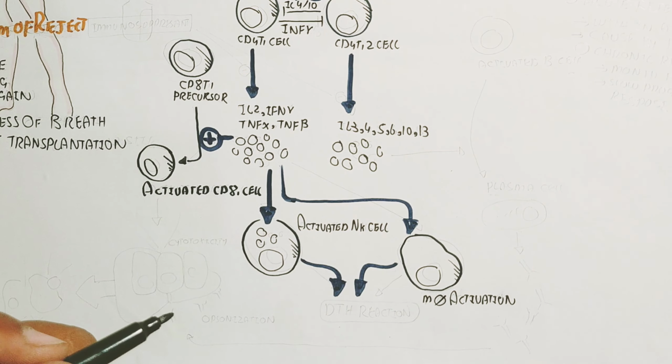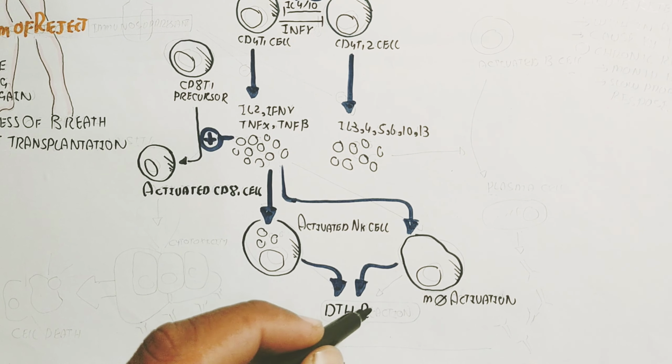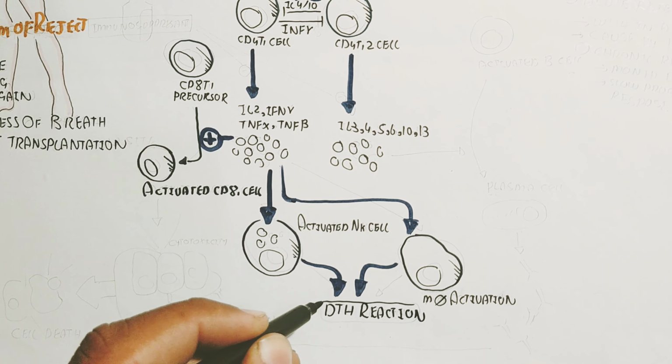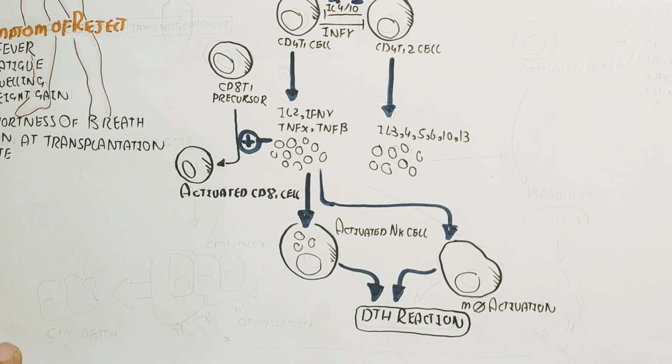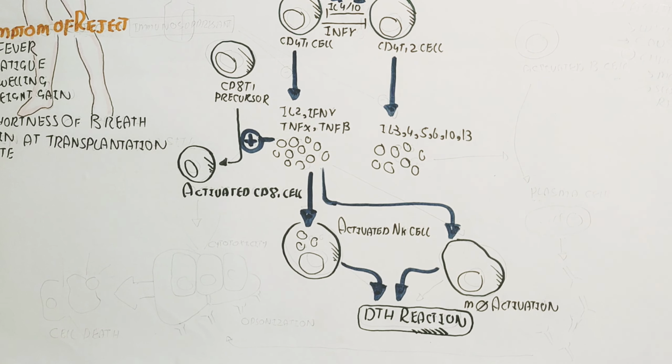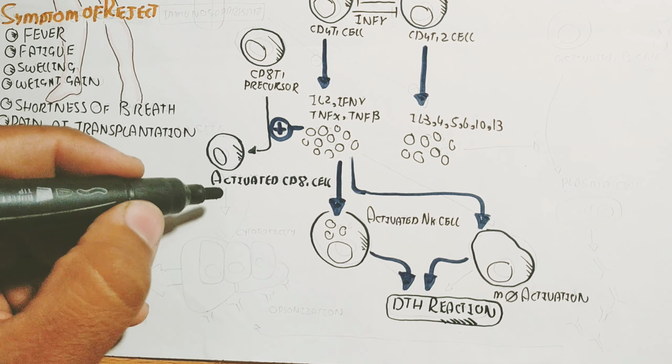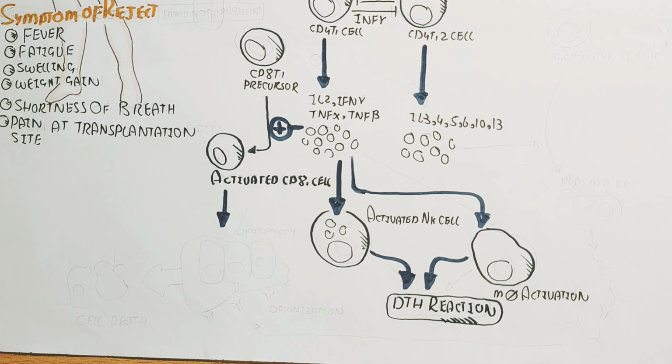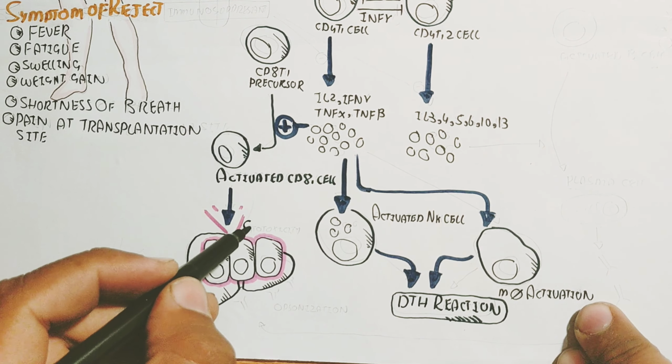The natural killer cell is also activated due to these inflammatory mediators, like interferon gamma, alpha, and beta, as well as interleukin 2, leading the natural killer cell to kill.